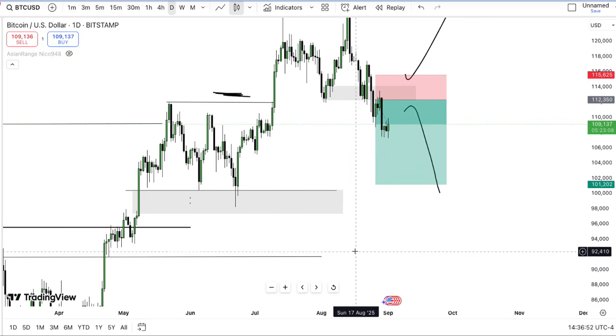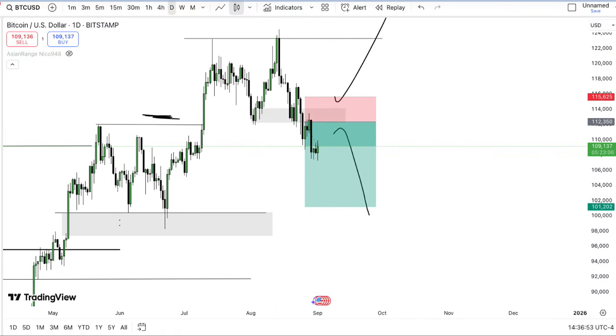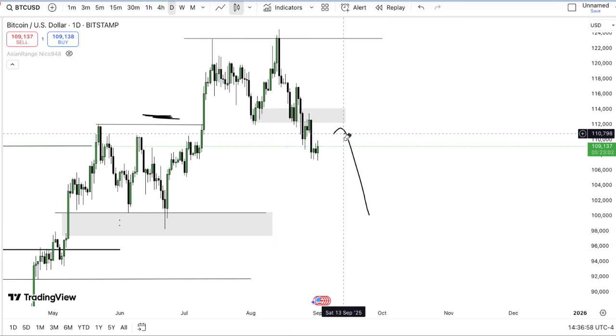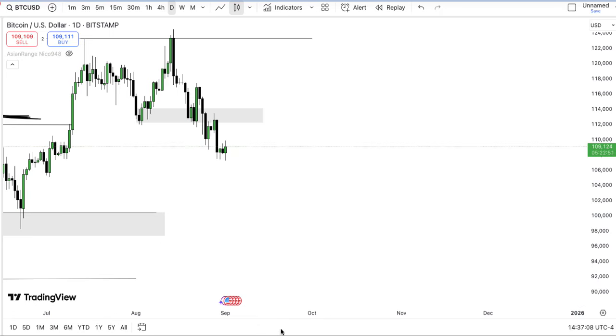Because you were so emotional, and you eventually closed the trade after you got stopped out. And maybe due to the fact that you had very poor risk management, you were unable to trade again.